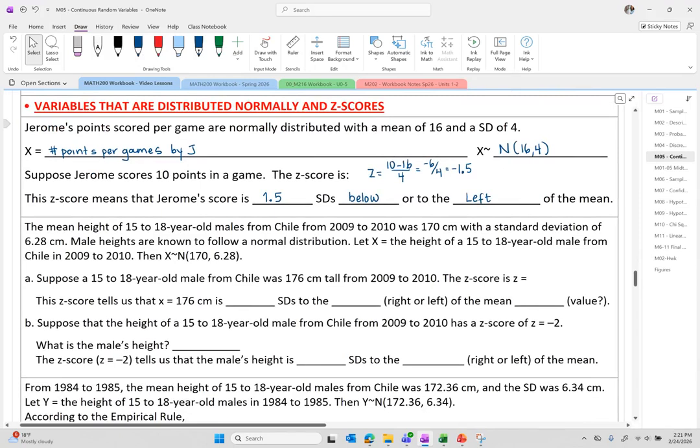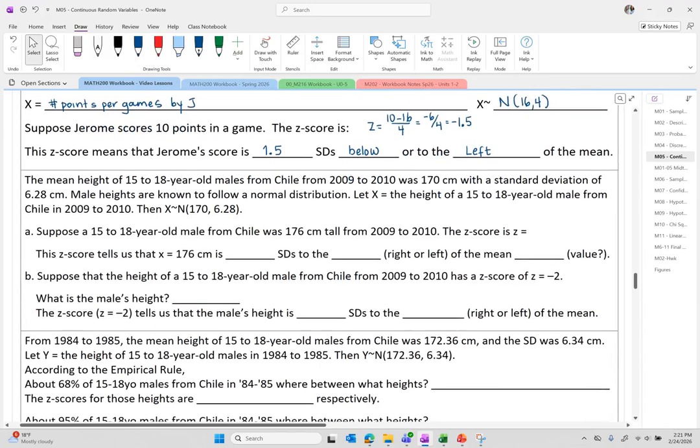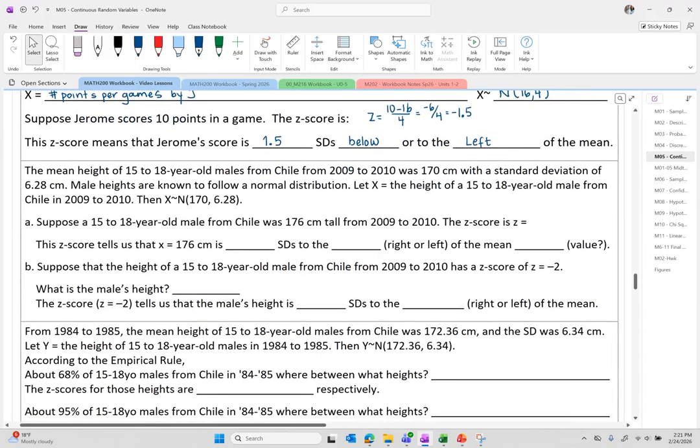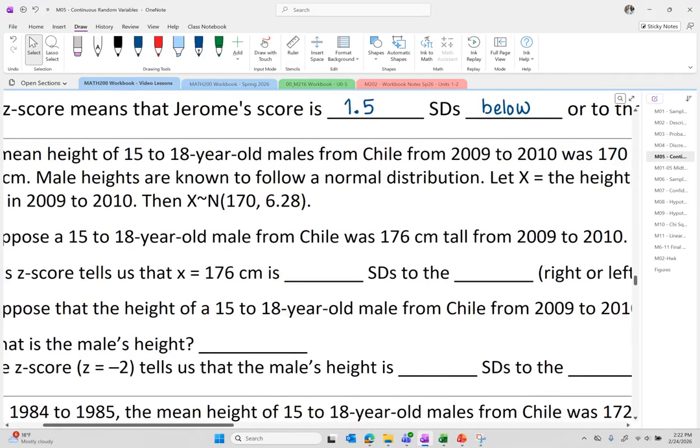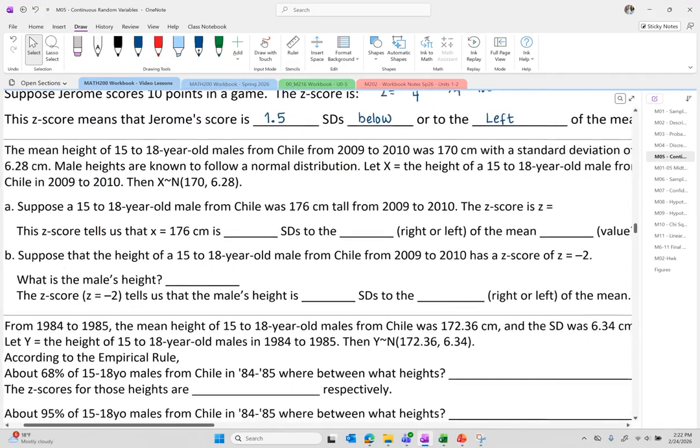The mean height of 15 to 18-year-old males from Chile from 2009 to 2010 was 170 centimeters with a standard deviation of 6.28 centimeters. Male heights are known to follow a normal distribution. If your variable x is the height of a 15 to 18-year-old male from Chile in 2009 to 2010, then x is a variable that follows a normal distribution with a mean of 170 and a standard deviation of 6.28.